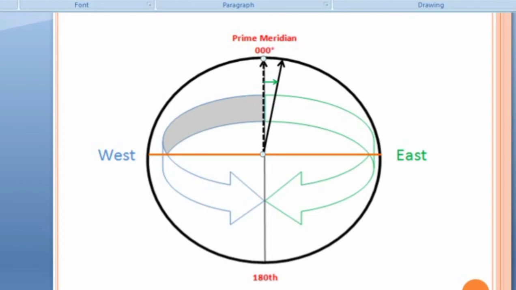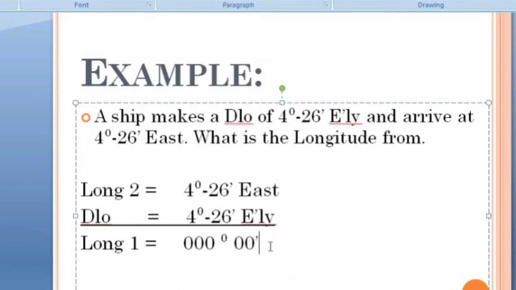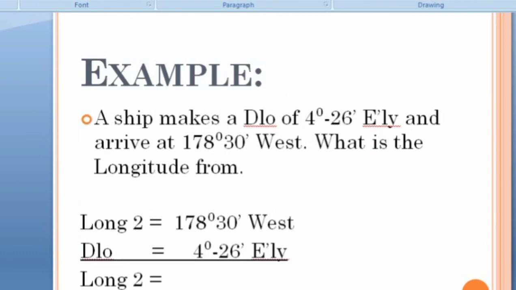So that would be the answer. So 00 degrees prime meridian. This one doesn't have any symbol, because of course the meridian doesn't have any symbol.